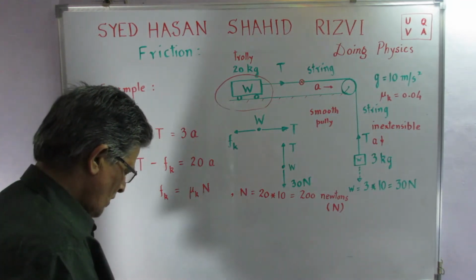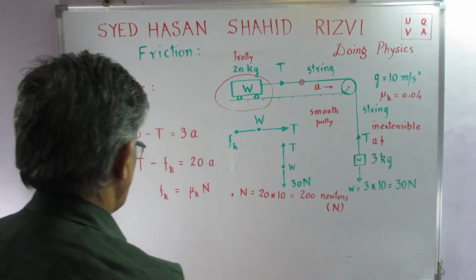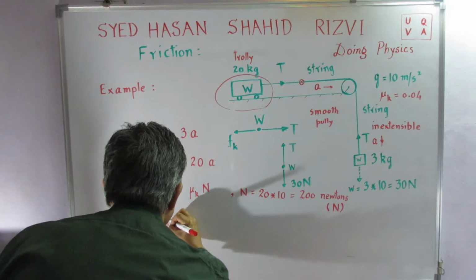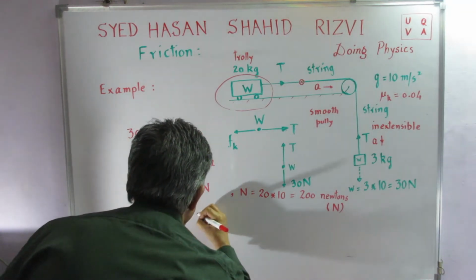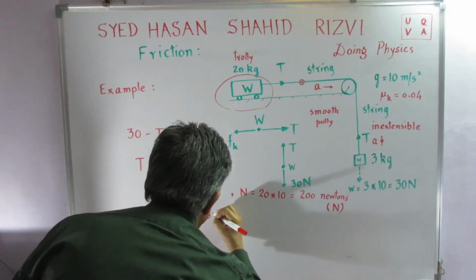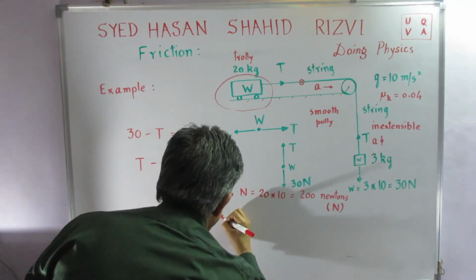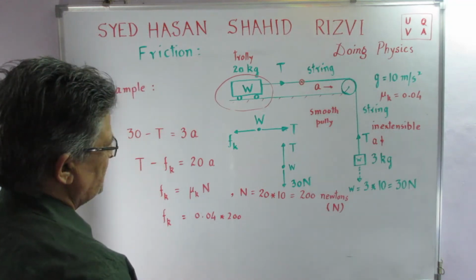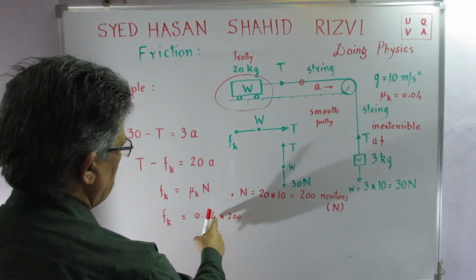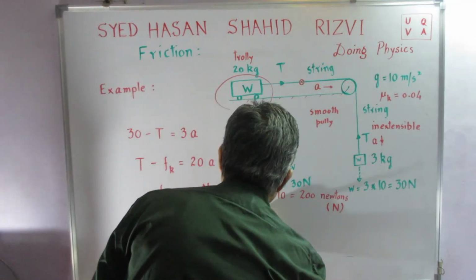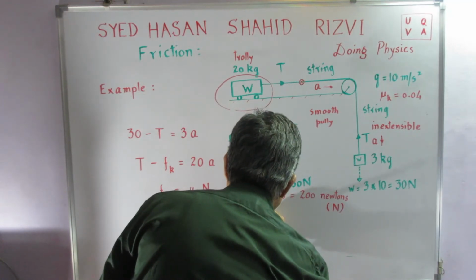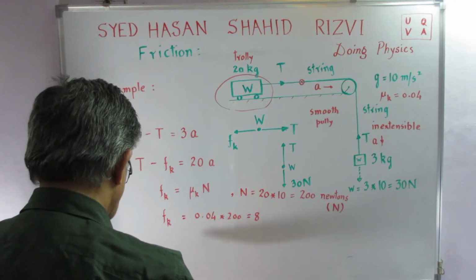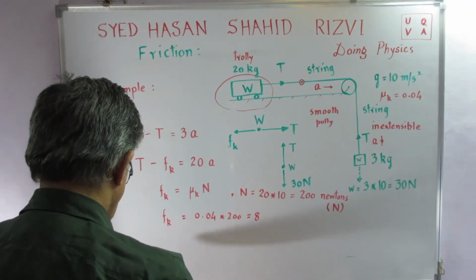So Fk will turn out to be equal to 0.04, very easy, into 200, which if you multiply readily you must be able to do. So this turns out to be 8 newtons.